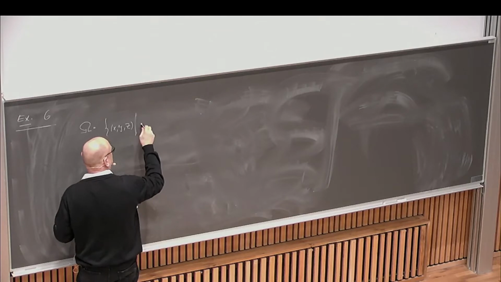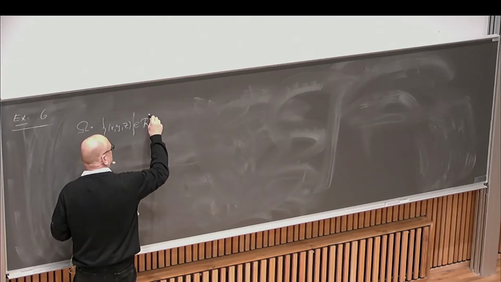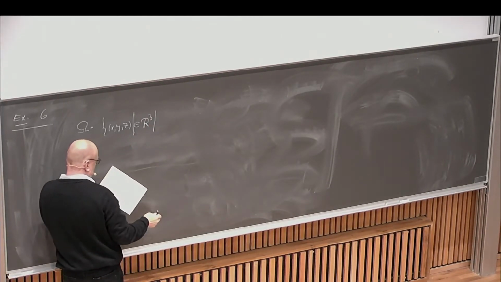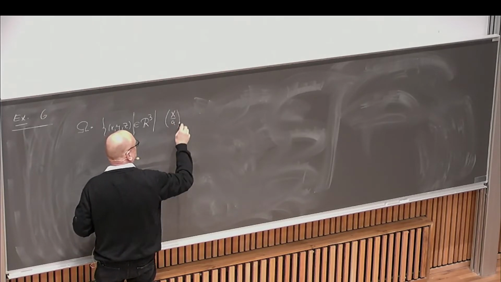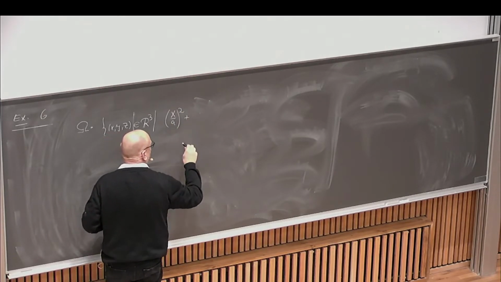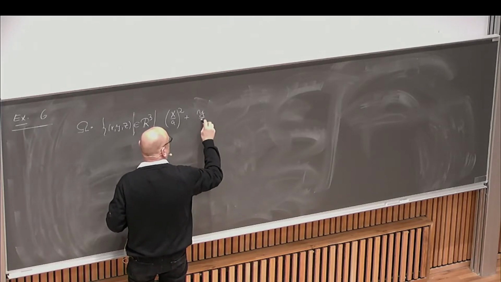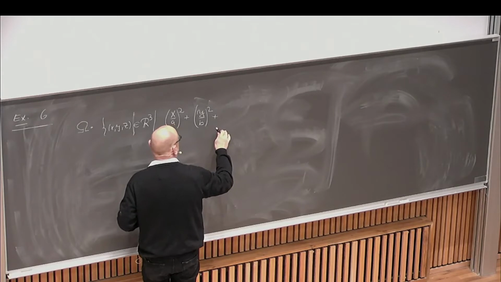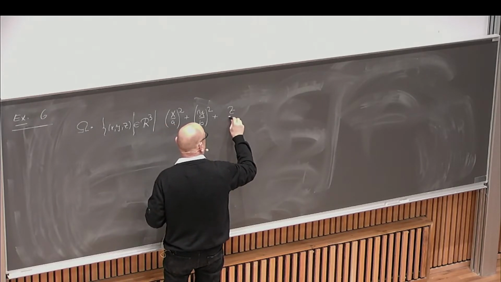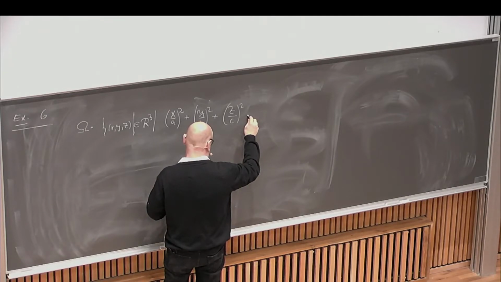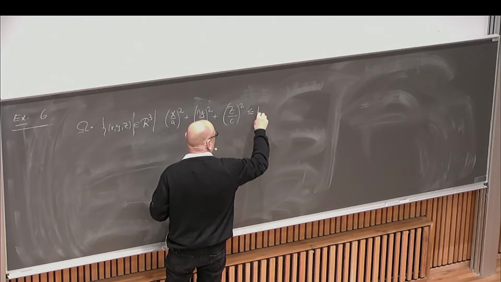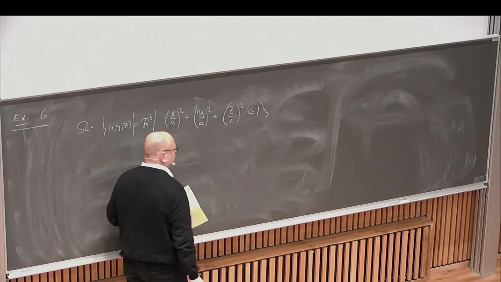I should say that it's in R^3. x divided by a squared plus y divided by b squared plus z divided by c squared, and this is less than or equal to 1.